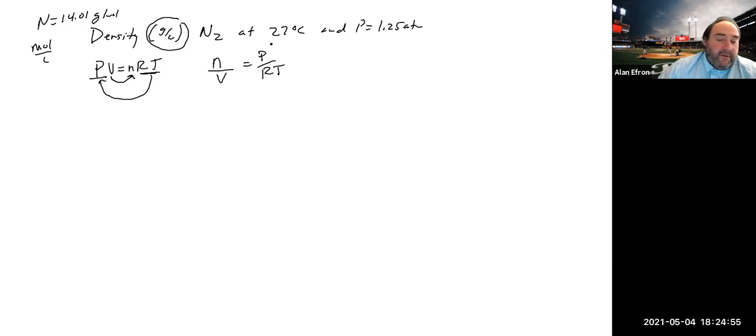This is good because if we look at the information given to us, we have a temperature, we also have a pressure, and obviously R is the gas constant. So you can see with just those pieces of information, doing a little bit of rearranging is going to allow us to get close to what we need. So that's where we'll start.